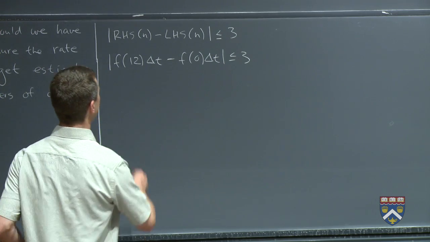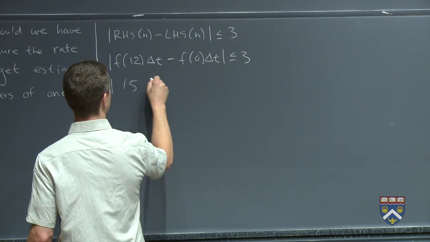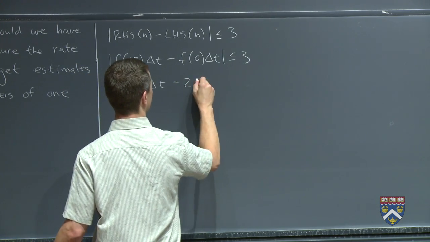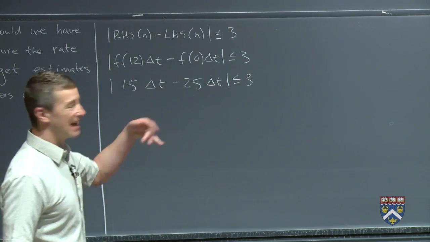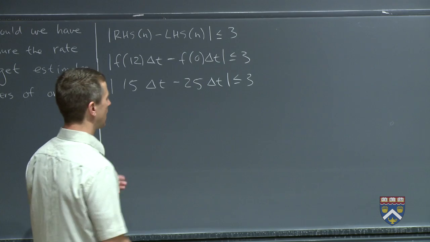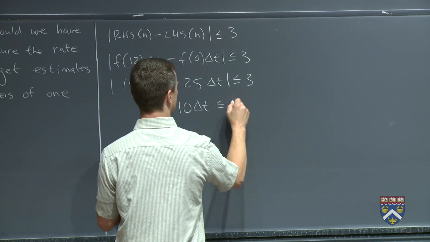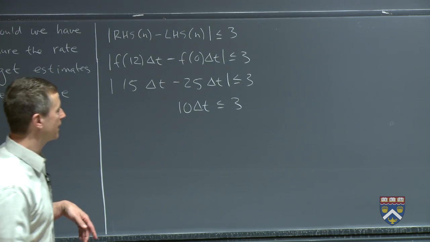Well, what is f of 12? f of 12, we know, is 15. And f of 0, we know, was 25. So this just gives us negative 10 delta t. And when we put the absolute values in, that's 10 delta t. So we have 10 delta t less than or equal to 3. Remember, delta t is the width of each one of our intervals.